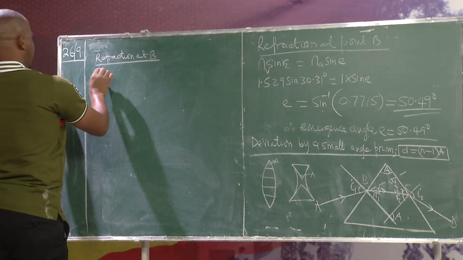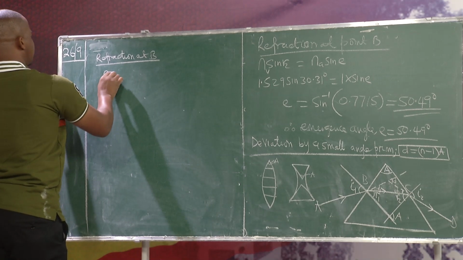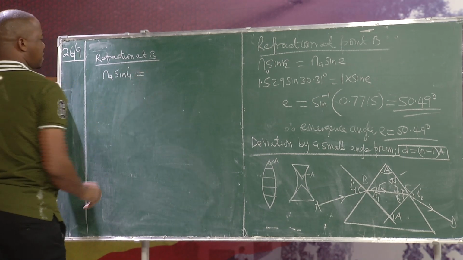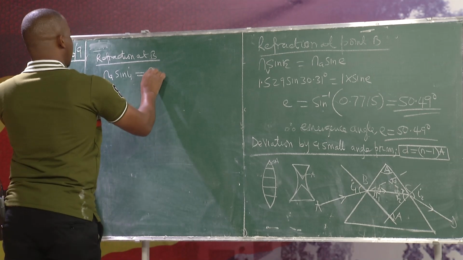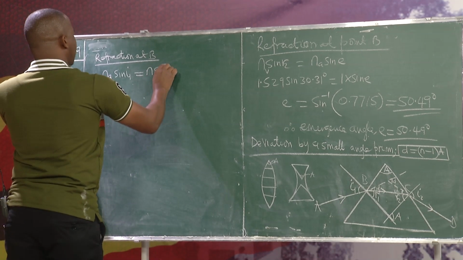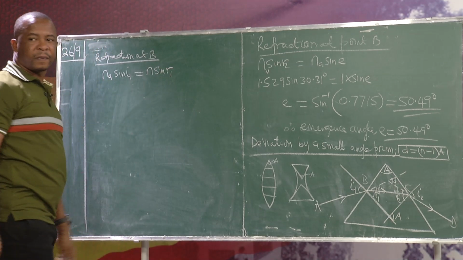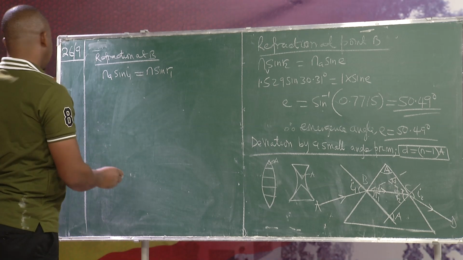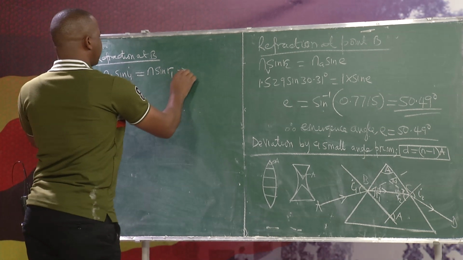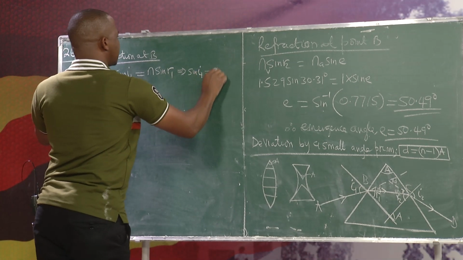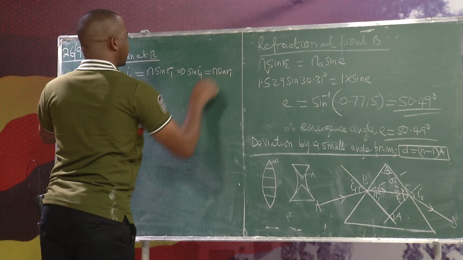the ray is from air, so it is n air. The sine of I1 should be equal to n for the prism, I'll call it that, the sine of R1. Since n air is 1, it implies that the sine of I1 is n the sine of R1.